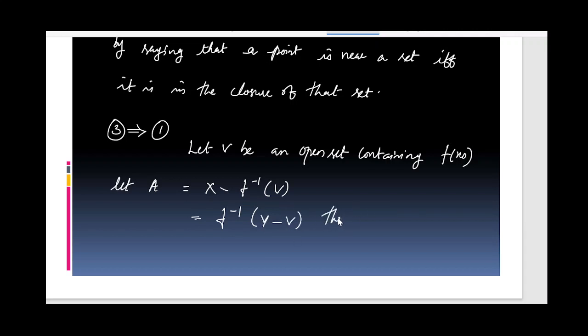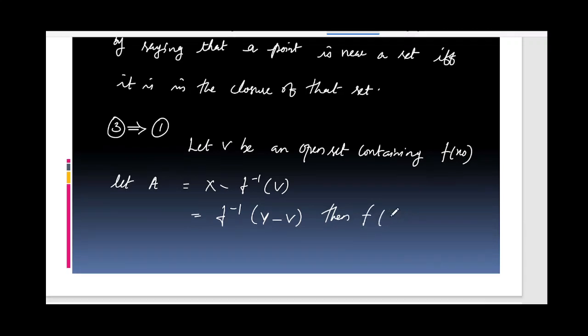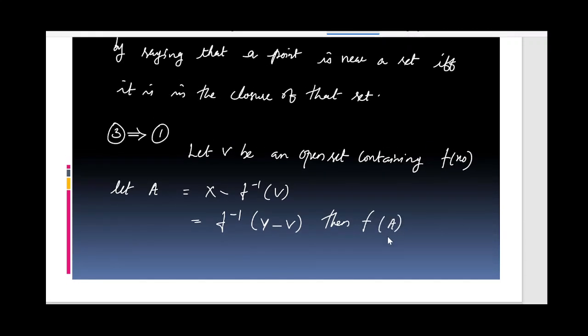Then f of A means f of f inverse of Y minus V. So f of A is contained in Y minus V. Therefore, when you are finding f of A closure, this should be contained in Y minus V. What's the reason?